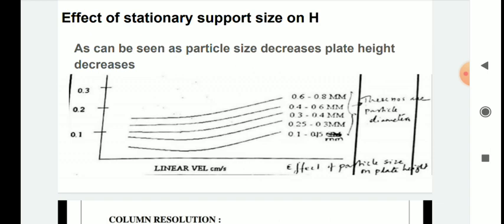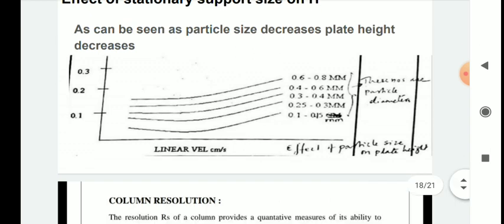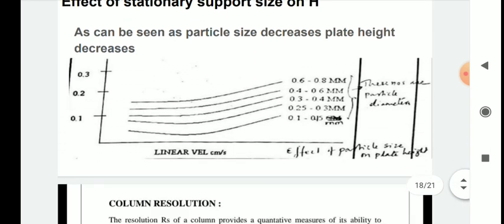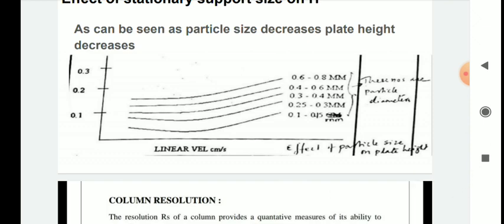For 0.1 to 0.15 millimeter diameter particles, the curve is low and in the lower part, and the h values are lower. As you increase the diameter, the curve tends to go higher, and the h value tends to increase. So try to use small particle size so that you get lower h values.